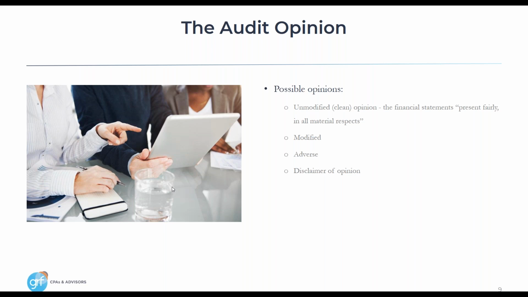Another could be a significant departure from generally accepted accounting principles, or the auditor was not able to perform test work on a certain component or a certain area of the financial statements, which would impede the auditor from rendering a clean opinion. It really depends on the materiality or severity of non-compliance.